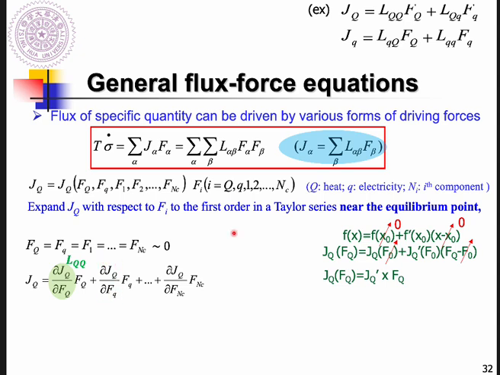Compare with this, this is L capital Q small q, which means that F small q contributes to the heat flux J capital Q, and so on.